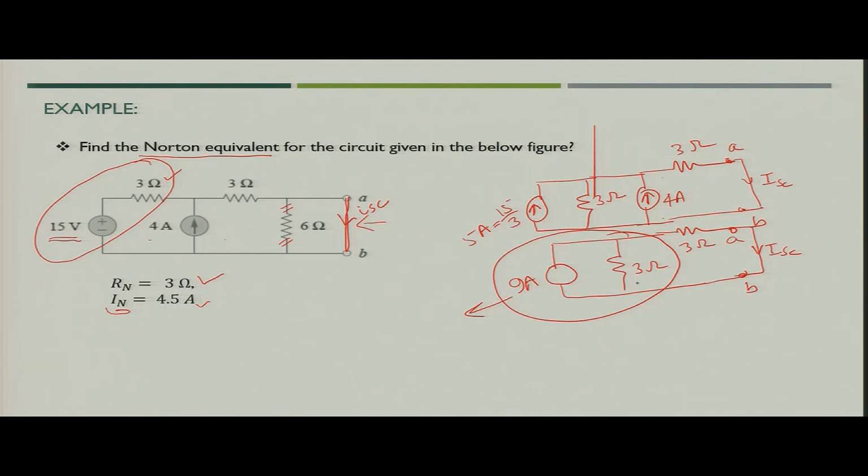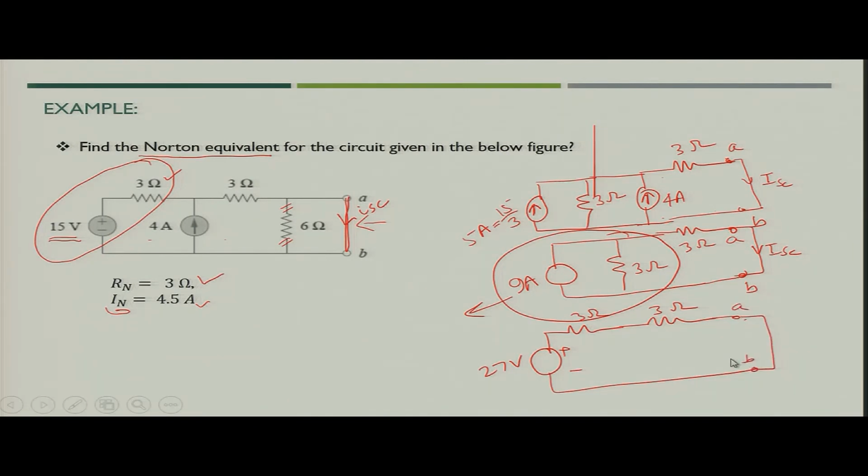So, this will become 9 into 3, that is 27 volt, in series with 3 ohm resistance, again in series with the 3 ohm resistance which is given in the figure, and then you are short circuiting the terminal A B.